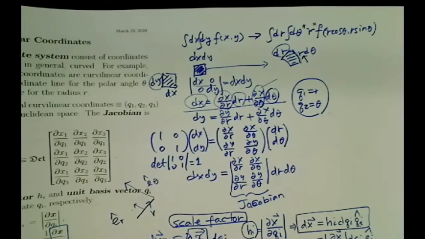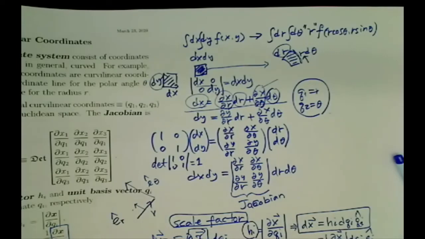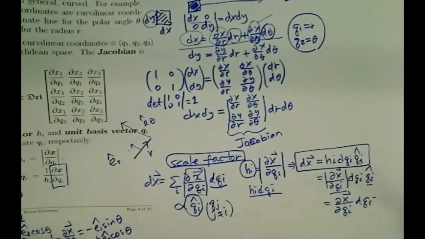In the two-dimensional polar coordinates r, theta, hr is 1, h theta equals r. Again, the infinitesimal displacement in a curvilinear coordinate system can be expanded as a partial derivative of each coordinate multiplied by the variation of the coordinate.